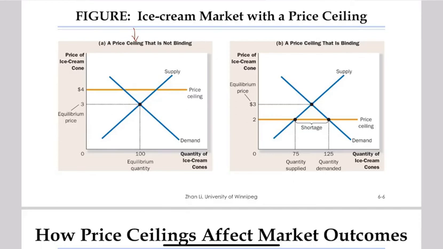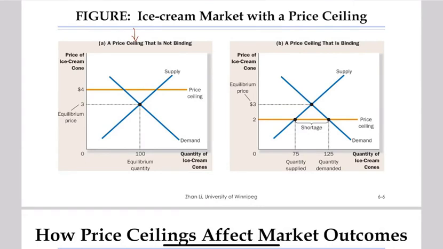And now you can see that because $2 is smaller than the equilibrium price, and we have learned about this, if this happens, there would be a shortage, right? Which is the case where quantity demanded is larger than quantity supplied.